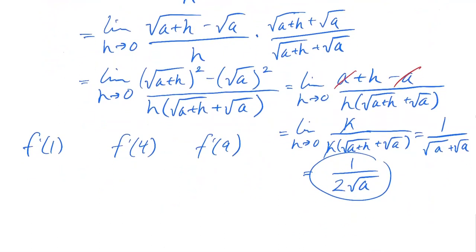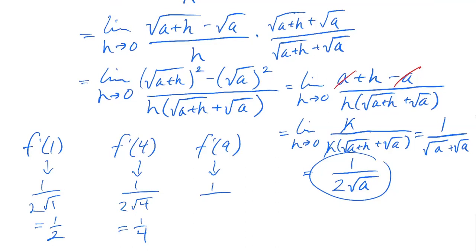Then f prime of 1 gives me 1 over 2 root 1, better known as 1/2. F prime of 4 gives me 1 over 2 root 4, which looks like 2 times 2 on the bottom, 1/4. And f prime of 9, 1 over 2 root 9, 2 times 3, 1/6.